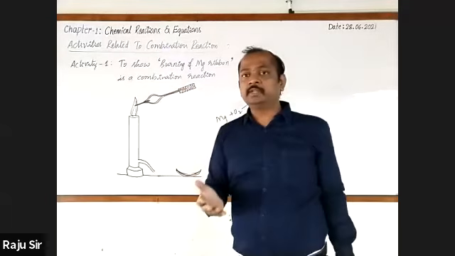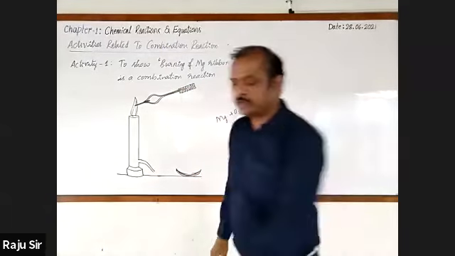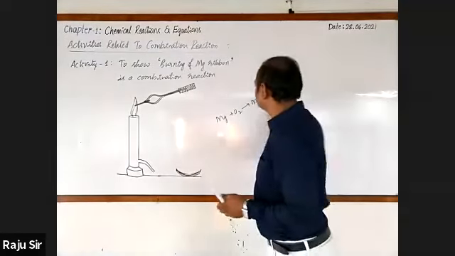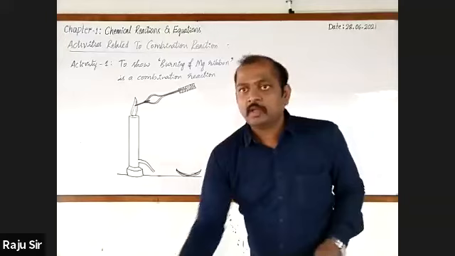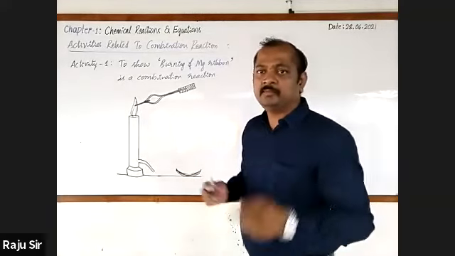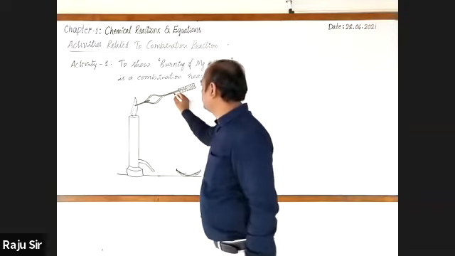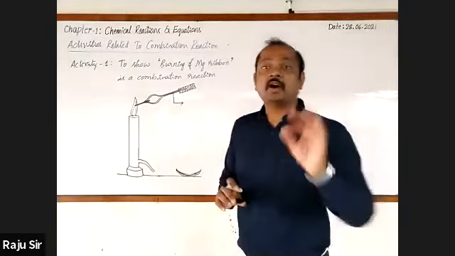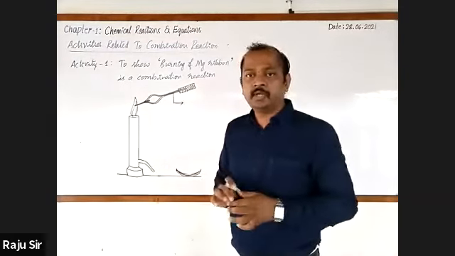So you need to write the procedure as well. Procedure, 1, 2 lines, and complete the diagram. Labeling can be done by yourself, no? Just marking what it is. This is tongs or else test tube holder.